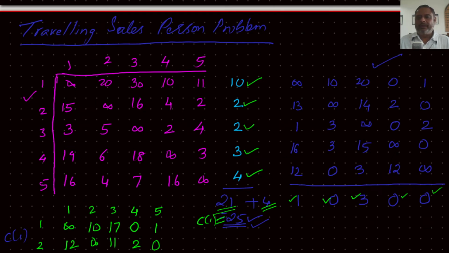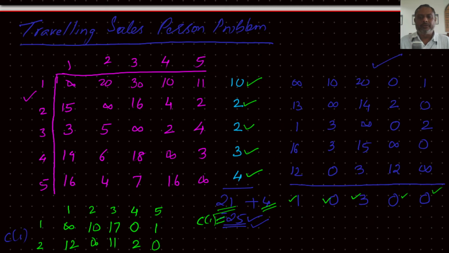So 3 reduced to 1, 2 reduced to 0, and then column wise if you look at it, we get 11 in the first column, 0 in the last column. So you remove this 11, so 12 becomes 1 and 11 becomes 0. So total is this 2 plus this 11, that is 13.